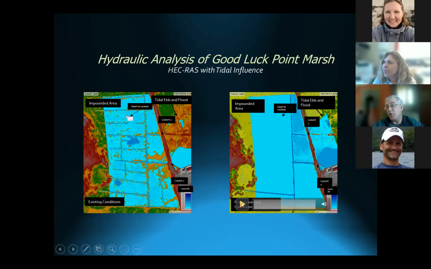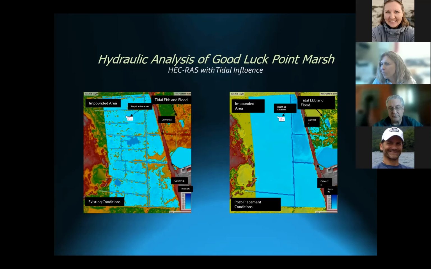So if we were able to get material placed in all the areas and to reestablish a stable marsh platform, the right-hand side is what we were hoping to achieve. So go ahead and run that model. Magic. Those upper right hands that are still blue weren't targeted for placement.